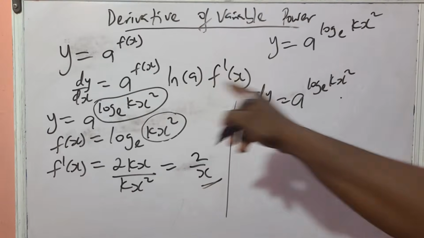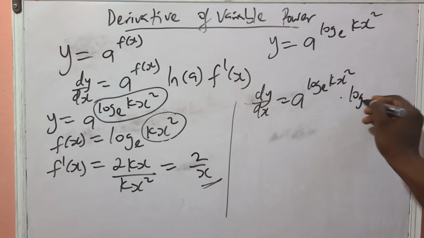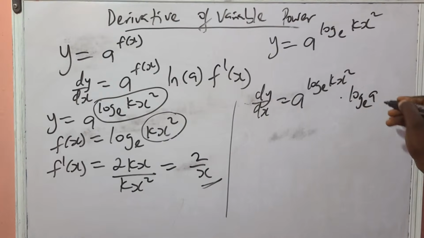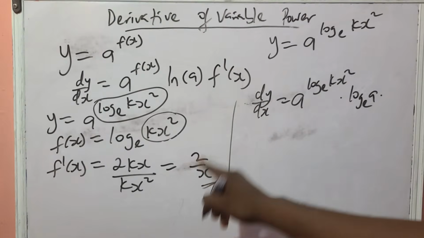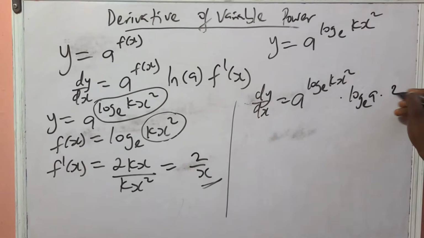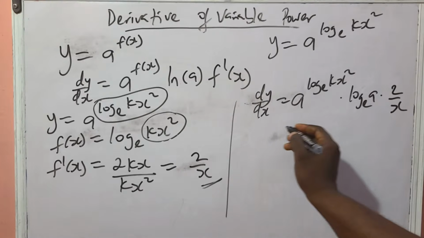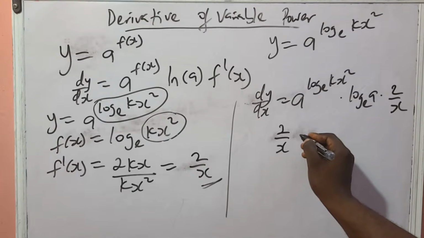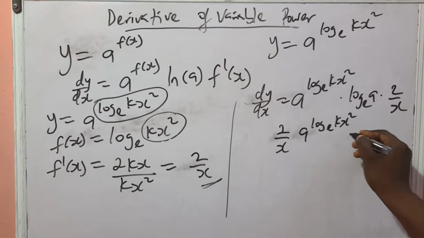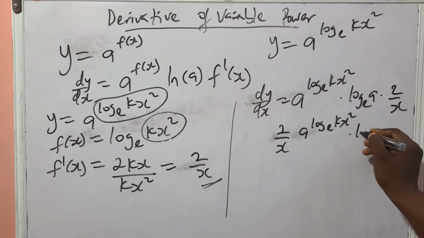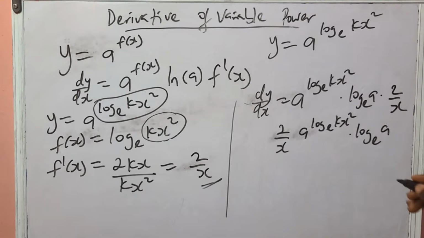Then you will go on to multiply with the natural logarithm log e of the variable power, that is log e a, then multiply by the derivative of the power, that's 2 over x. So if you look at this now, you will see that your answer will be 2 over x times a raised to power log e kx squared multiplied by log e a.